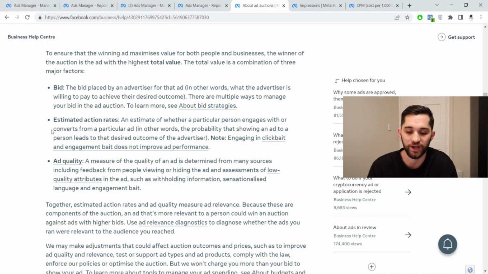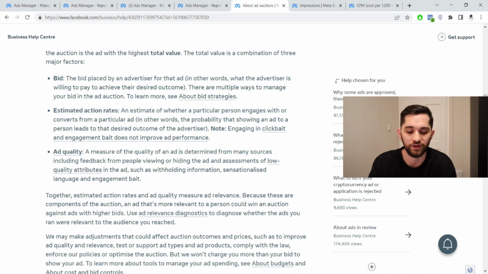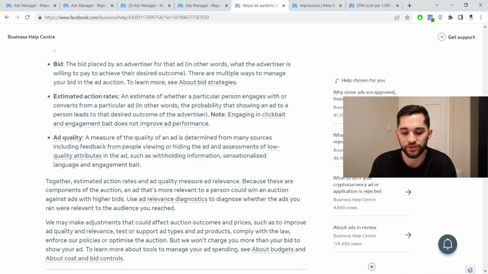As a result of that, you will need to bid a higher amount to win those auctions. And this feedback loop is why your CPM, your cost per 1,000 impressions, starts to go up and up and up. And the third one, which is potentially the most important, despite everything that I've just said, is ad quality.